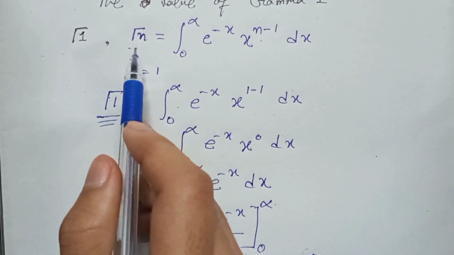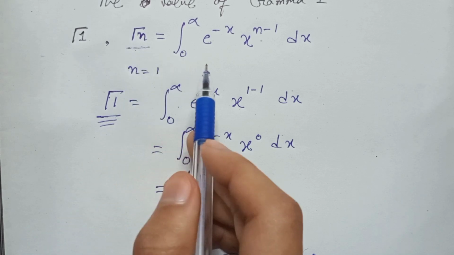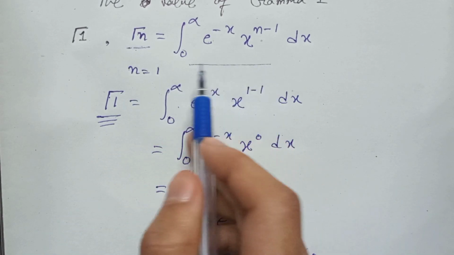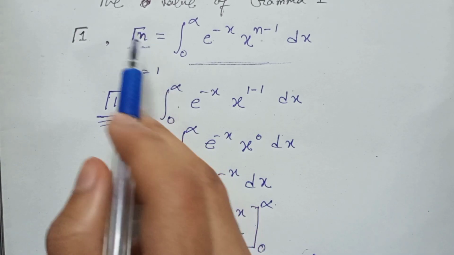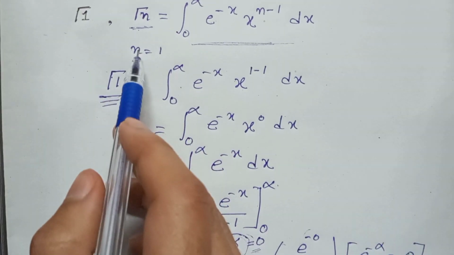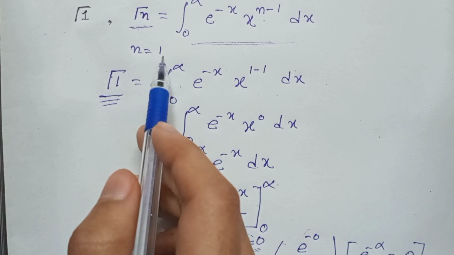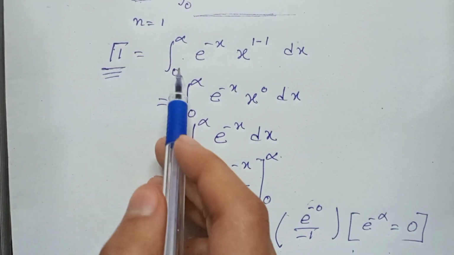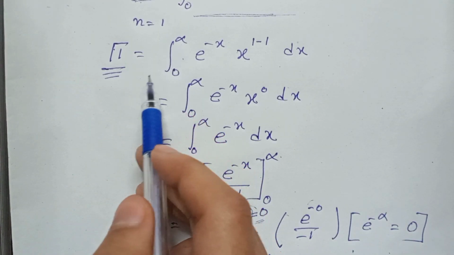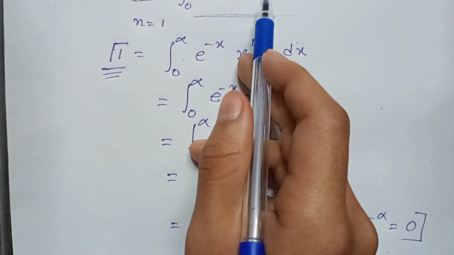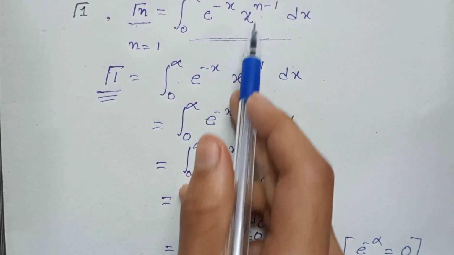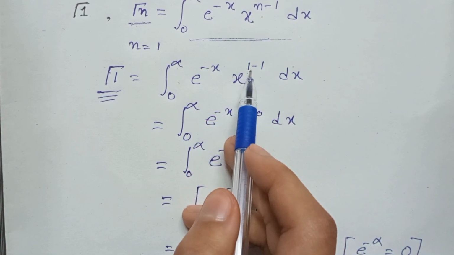Here it is, gamma of n is deduced from this integral. This integral is known as gamma of n, which I have explained in the previous one, and then we have put the value of n equals to 1, then gamma 1 is equal to the integration from 0 to infinity of e to the power minus x and x to the power, in place of n we have put here the value 1.